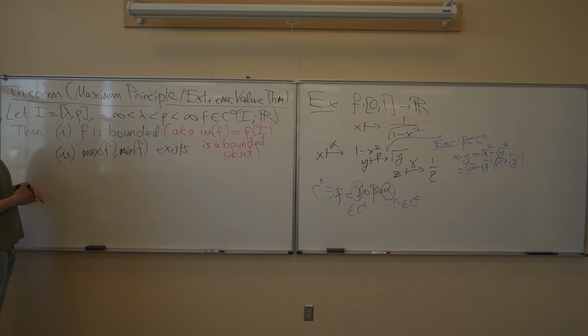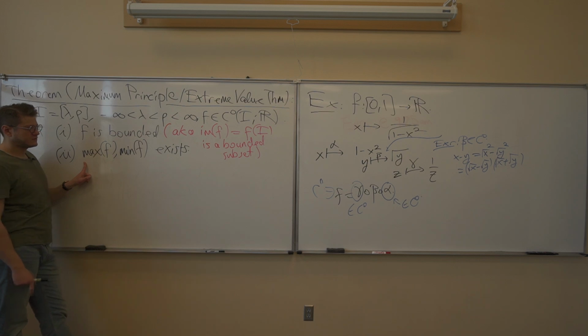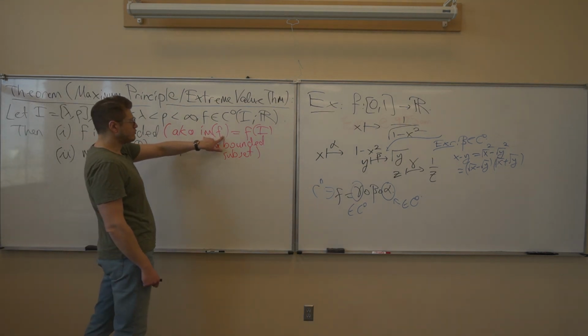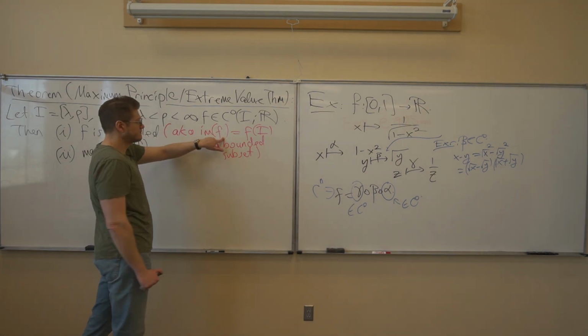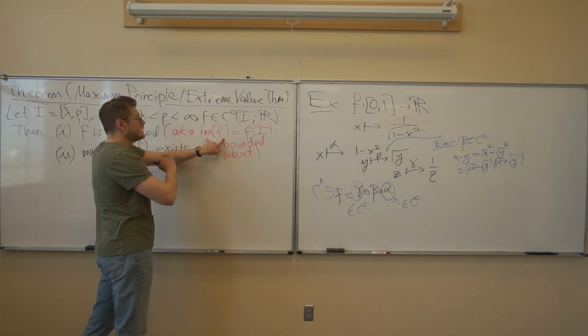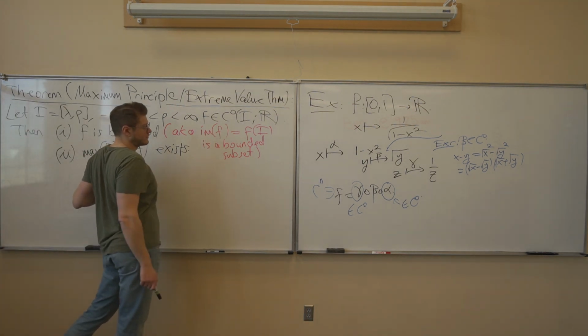Well, maybe I should say more, actually. This is a sufficient statement, but when you think about it, saying that the max of f exists, by definition, means that not only does the sup of this set exist, but in fact, that sup is included here. Saying that the sup of this set is included here means that the sup, which is a value, is attained by f of x for some x. Okay?